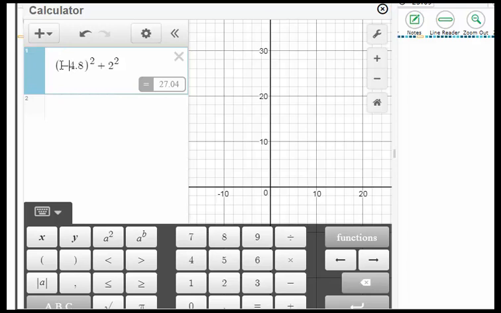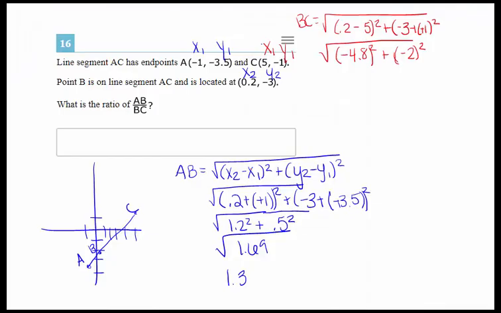That way it recognizes that it is also part of what you're squaring. So we get 27.04.